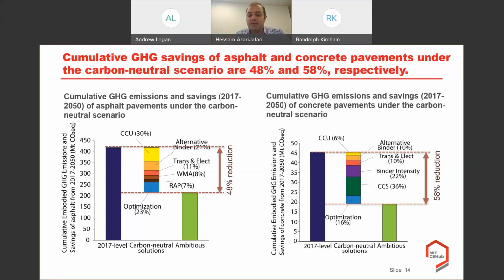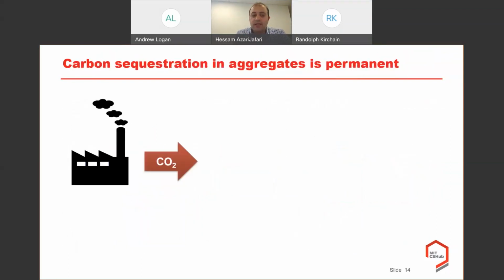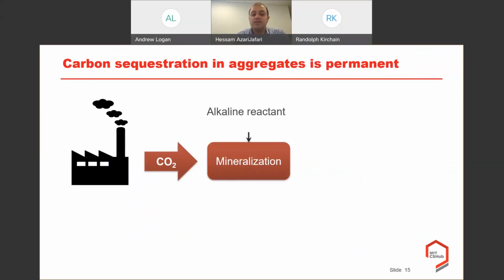One important lever or solution which is similar for both asphalt and concrete is the carbon capture and utilization, which plays an important role, like I said, to achieve carbon neutrality. And to talk briefly about this carbon sequestration, we can sequester the CO2 from any different industry, and we will mineralize this CO2 using different alkaline reactants.